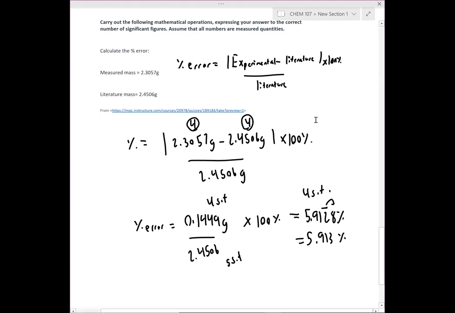So in this case, you're just multiplying by 100, but you put a percent at the end of your number to indicate that it's a percentage. So in your calculator, you just multiply by 100. Does that make sense?